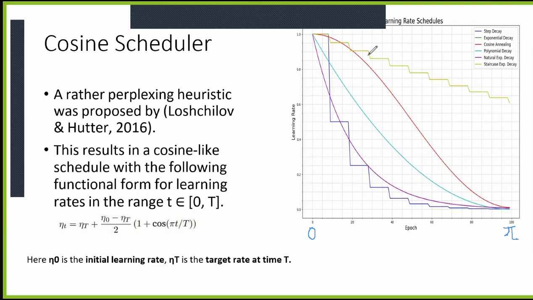So it could be a favorable property if we could set the learning rate to not drop too abruptly in the beginning. With the exponential decay and the polynomial decay, we see the learning rate starts to drop abruptly. Whereas with cosine annealing, the learning rate is preserved in a high range for quite a while compared to the other two, and then starts to decay. So it's a smoother and more stable decay.